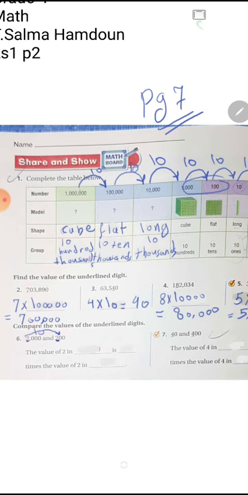Of course, by 10 times. So the value of 2 in 2,000s is 10 times the value of 2 in 200s. So that means this 2 is greater than this one.